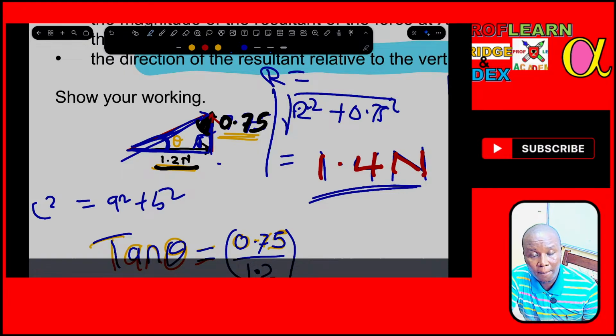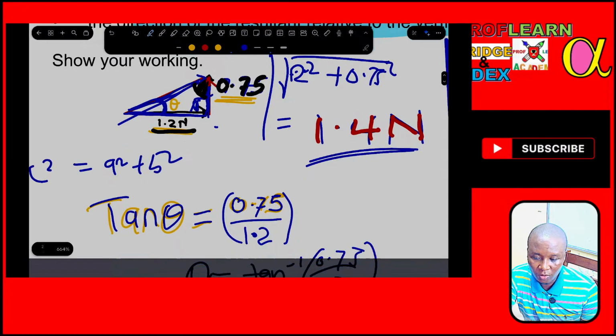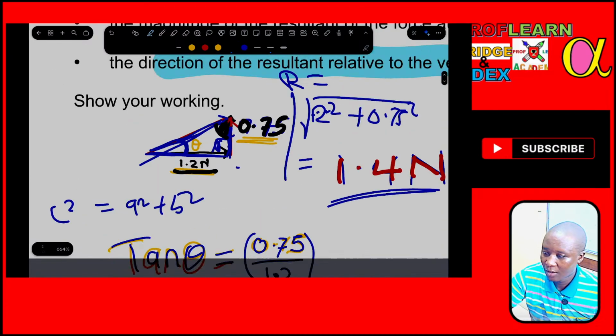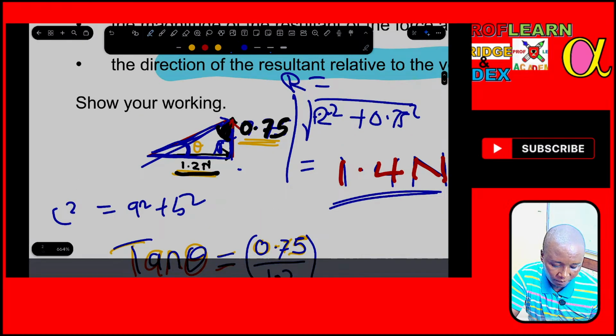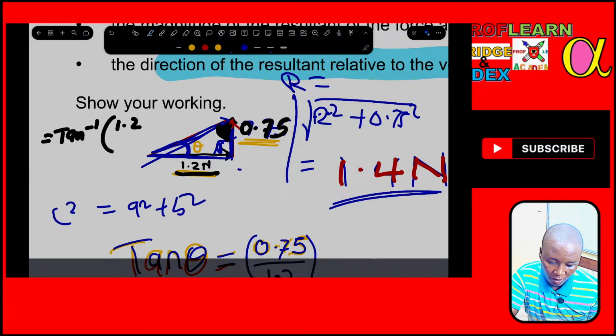Then this angle will equal tan inverse of opposite, which is 1.2, over adjacent, which is 0.75. If you work it out, you are going to get 58 or 59 degrees directly.